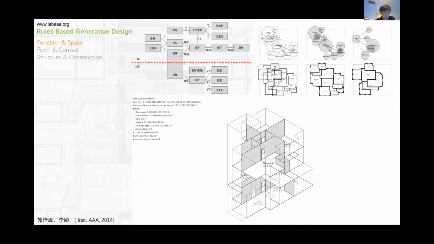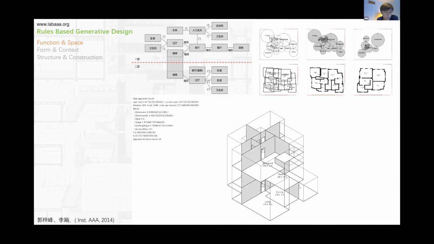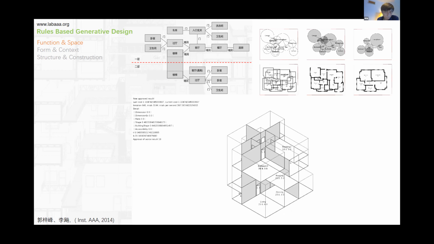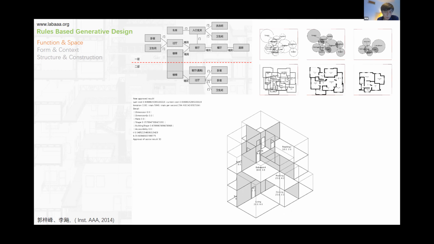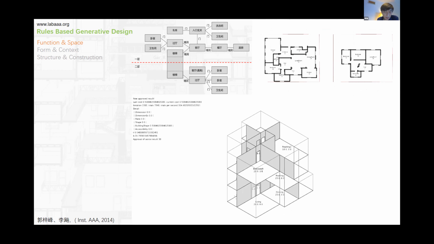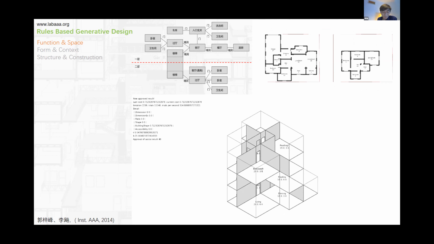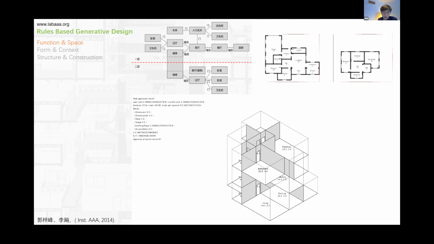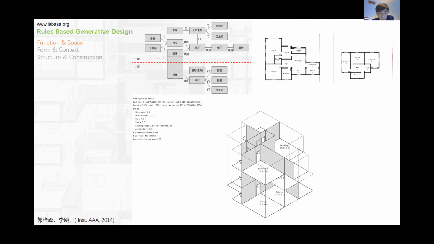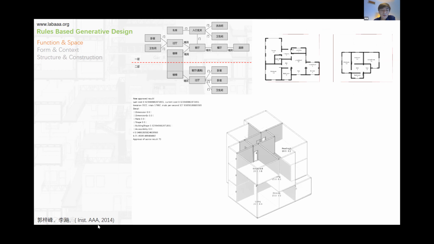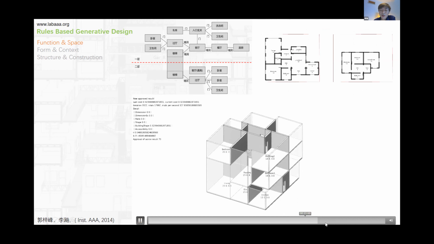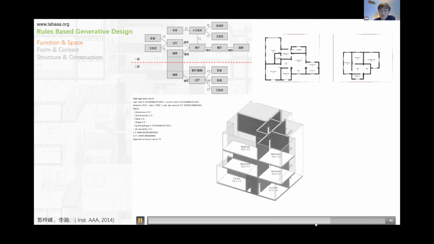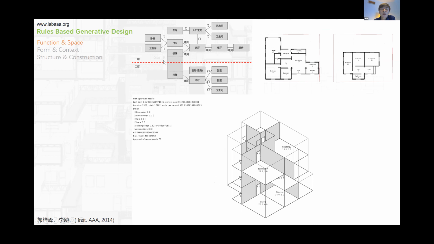Okay, this is an early case. It's finished 5 years ago, and it involved how to transform the functional relationship of building into optimization and process of computer. So let's imagine we can set the relationship of a house on the top left.